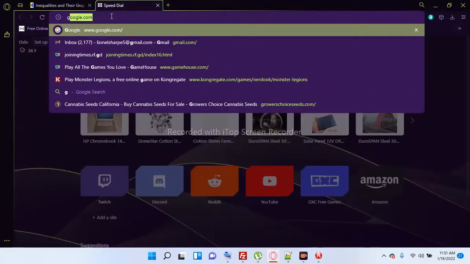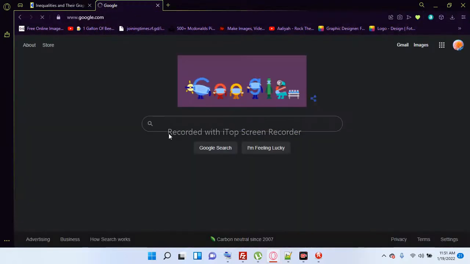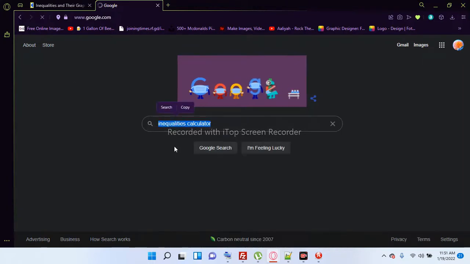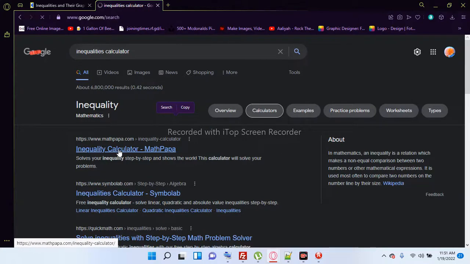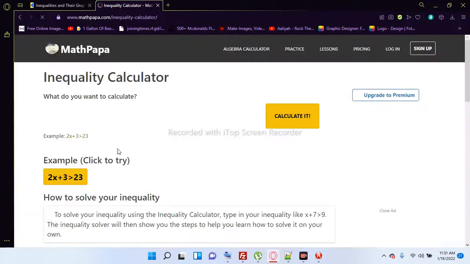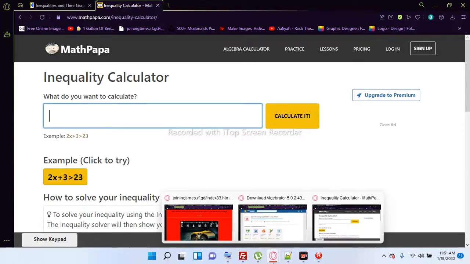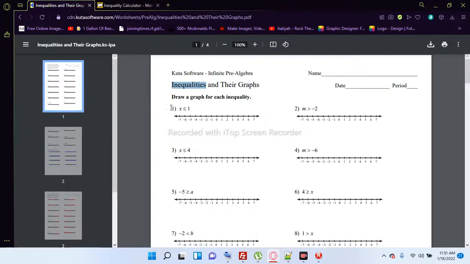You gotta really get into it and save yourself. To save yourself when that happens, go right on over here. You get the inequality calculator, okay? And what you do is you go right back to this tutoring page I got here, and you take this inequality and you copy it.